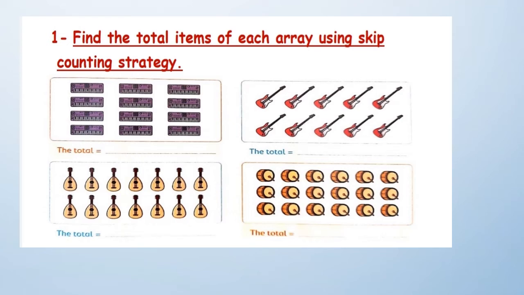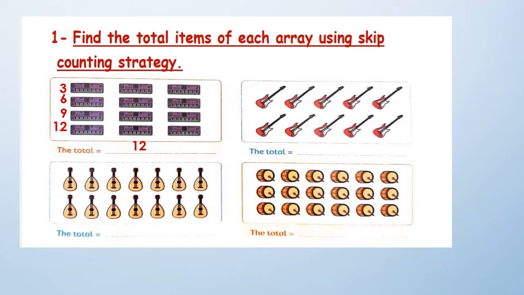I will use the rows. Each row has 3 objects, so I will skip count by 3. Let's start with 3, 6, 9, 12. So the total number here is 12.